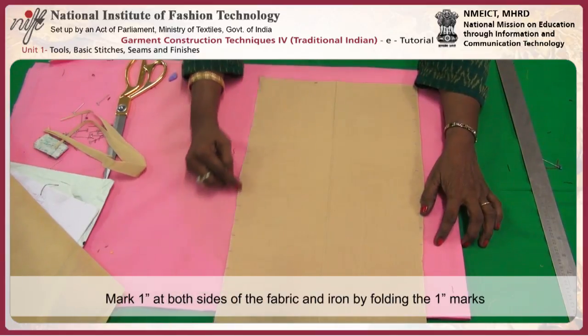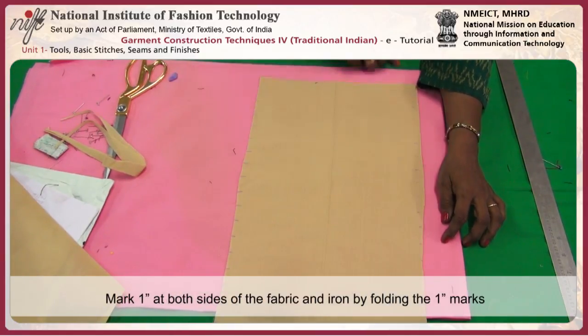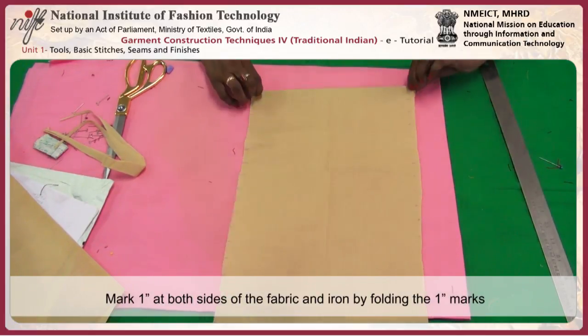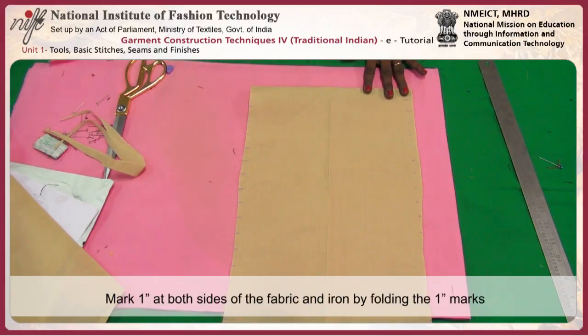First mark 1 inch at both sides of the fabric and do the ironing by folding that 1 inch into a straight line.